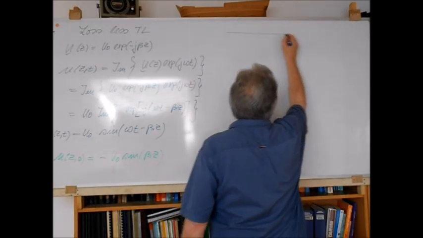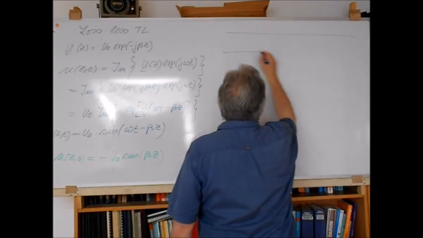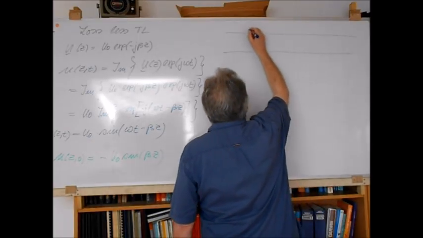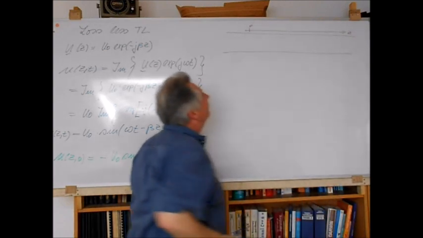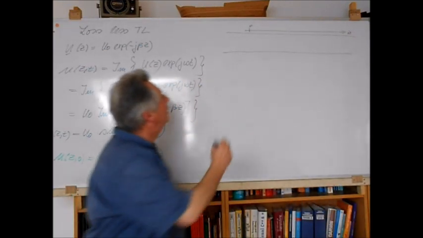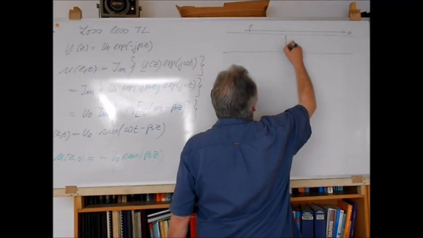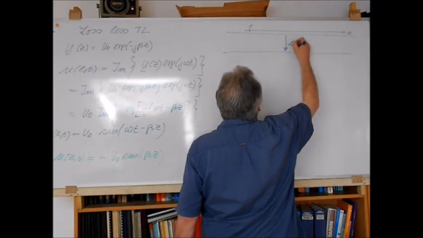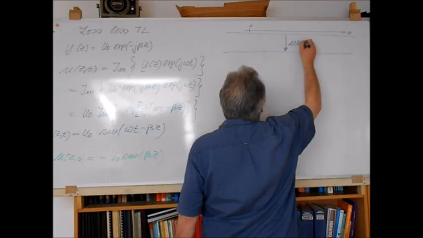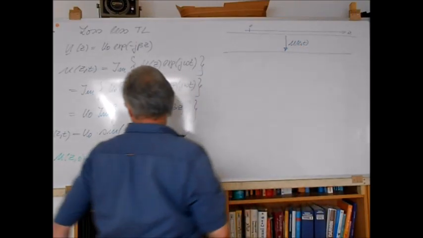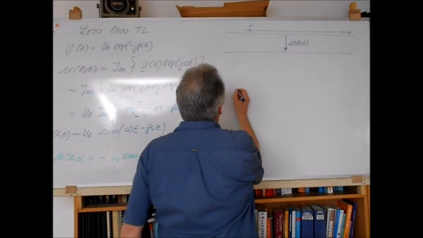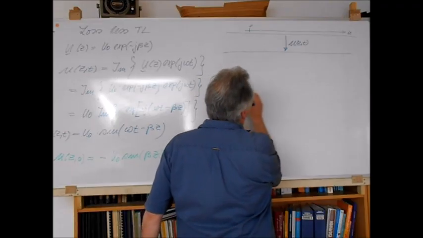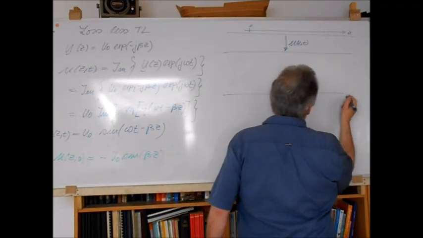In principle, we have here our transmission line. Of course, we know there is a coordinate system defined along the transmission line, and here this will be the voltage across the transmission line u of z comma t. And here we have the voltage distribution at a certain instant. This means I can now sketch here, for example, the z-axis.